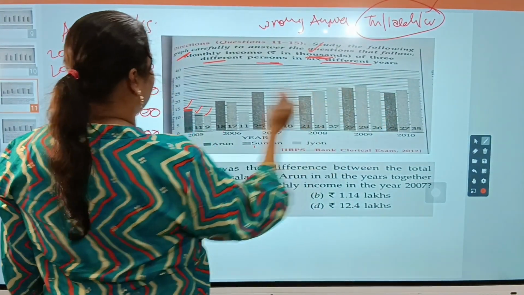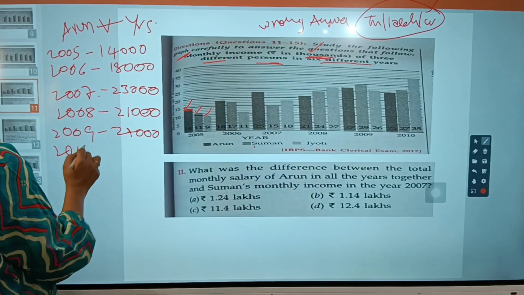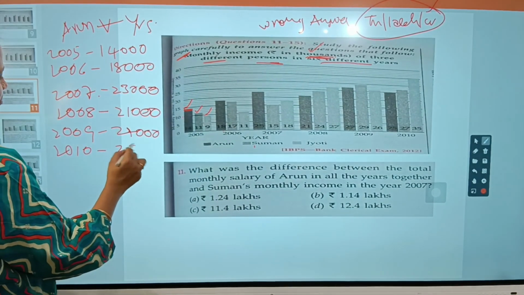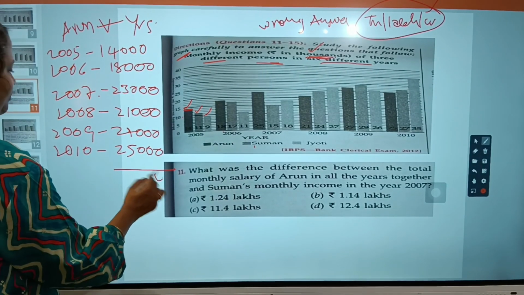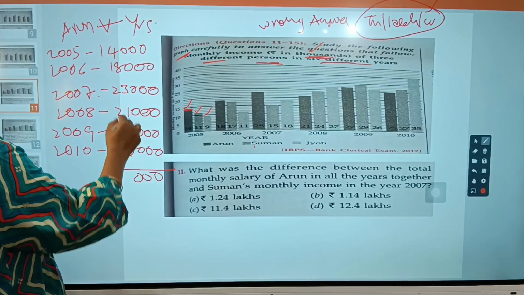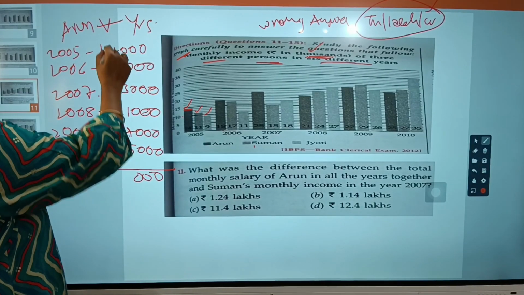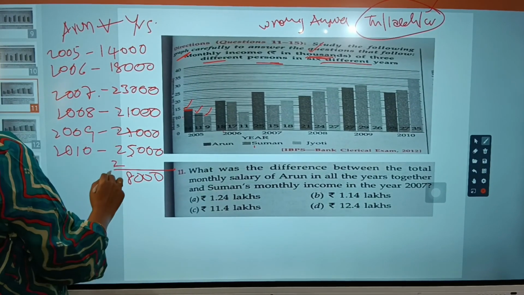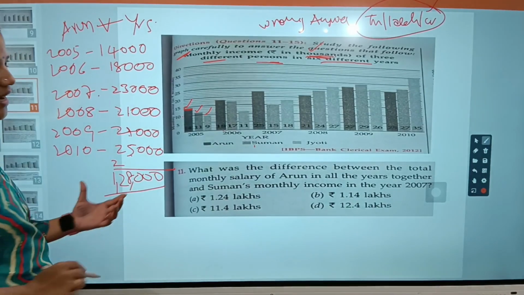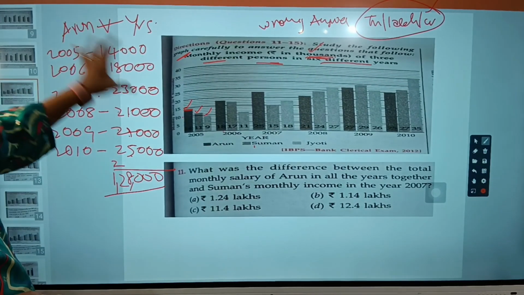In 2010, it is 25,000. So summing up all these values, we get 1,28,000 as Arun's total income from all the years.